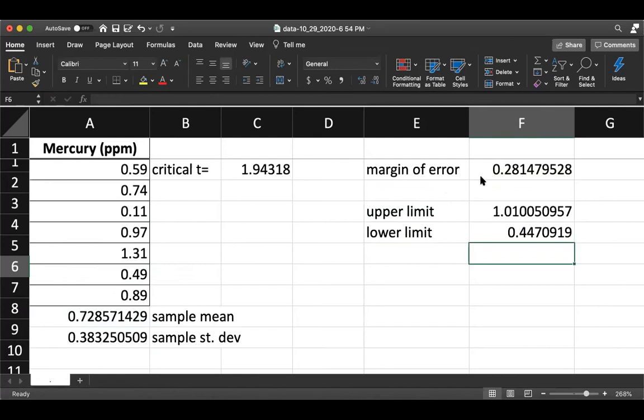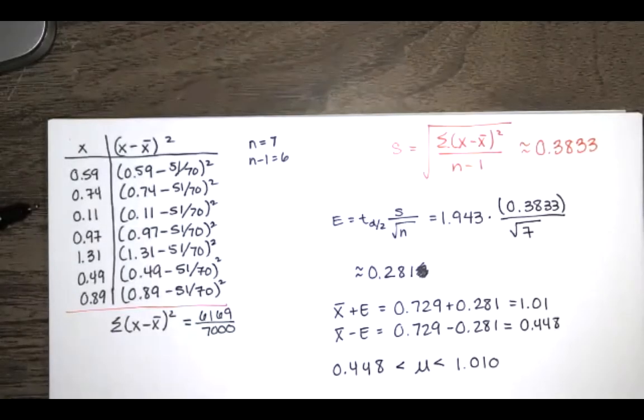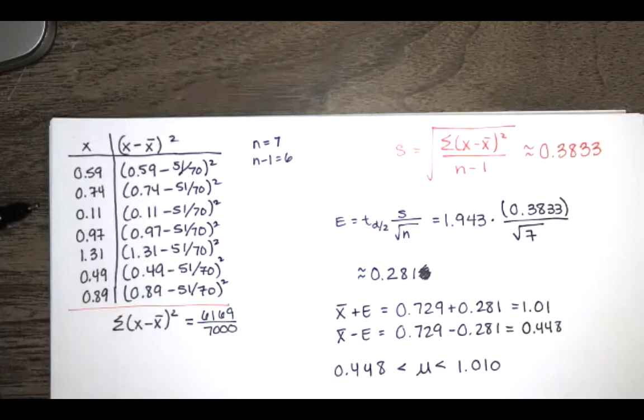And so we get 1.01. And if I'm rounding to 3 decimal places, because that's what they asked us to do, we get that, and 0.447. And I believe due to rounding, I got 0.448, but it was close enough to what I got when I did all of these calculations by hand. So we're very, very close to the same thing.